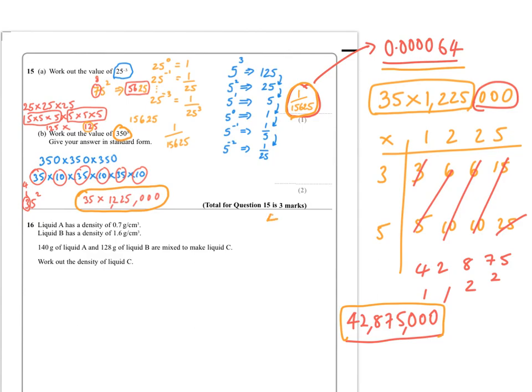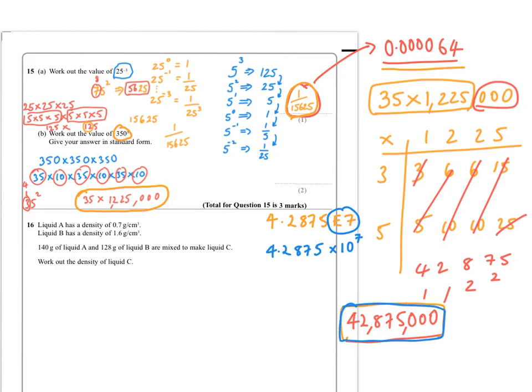They'd give 4.2875E7, for example. Well, this E7 is just a way of the calculator saying times 10 to the power 7. Now, if you had that as your answer, then that would get you 2 marks. That's in standard form. But this is in ordinary form.